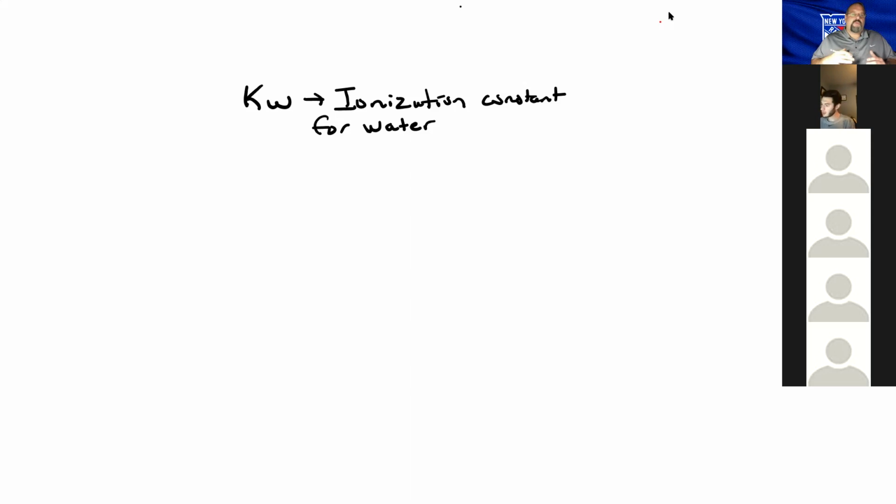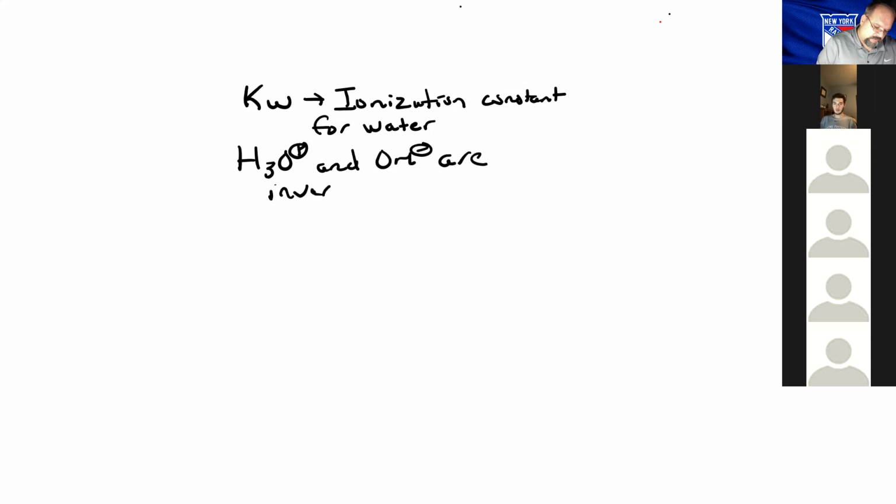And what they found was that when you have an increase or decrease in the amount of H3O plus or OH minus, you have the corresponding opposite effect of the other. Essentially, H3O plus and OH minus are inversely proportional to each other.